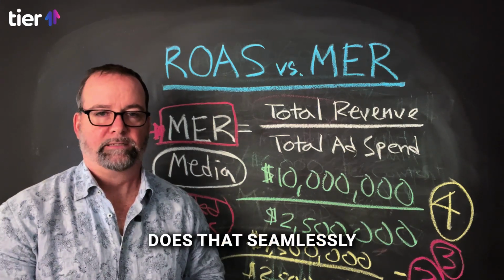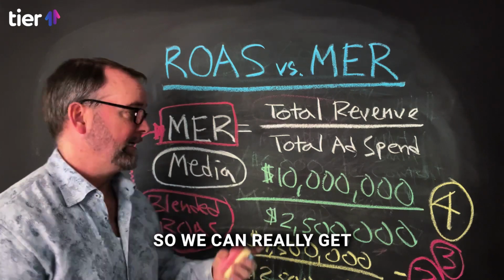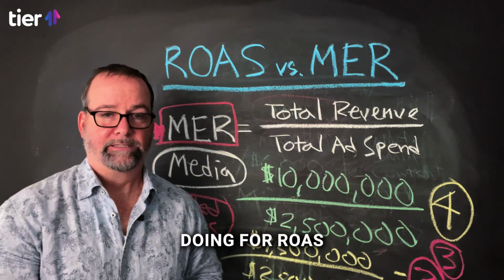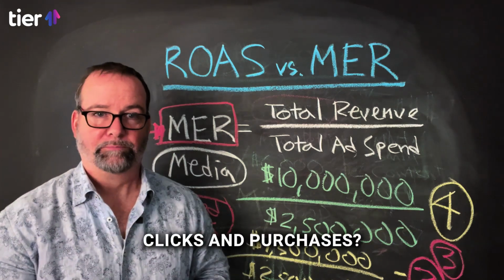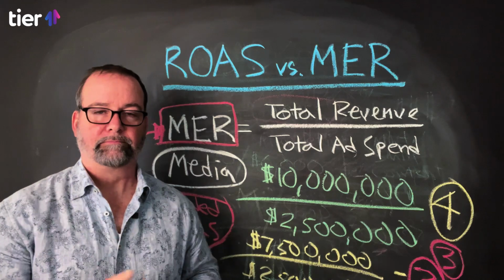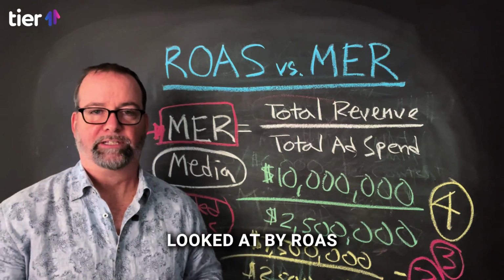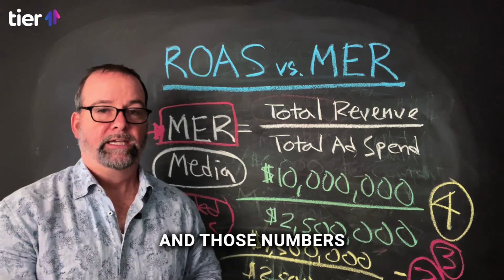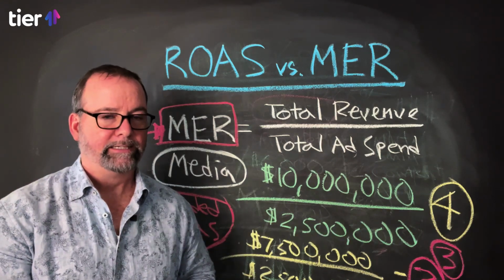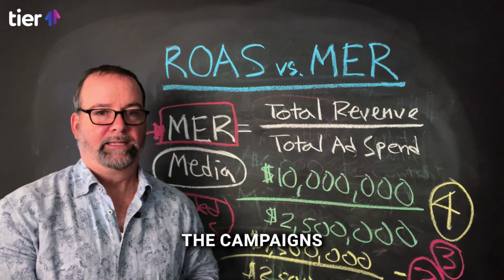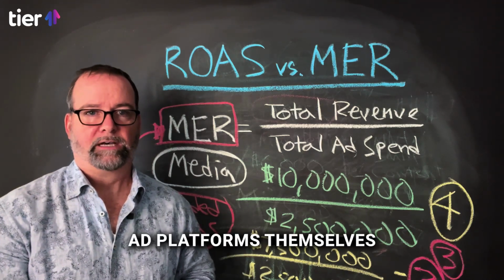Tier 11 Data Suite does that seamlessly, so we can really get a good visibility. What's Meta doing for ROAS and actual clicks and purchases? What's Google doing? First click, last click. So each individual channel can be looked at by ROAS, breaking it down to individual campaign level. And those numbers are oftentimes very, very different than what we see inside the campaigns inside the ad platforms themselves.